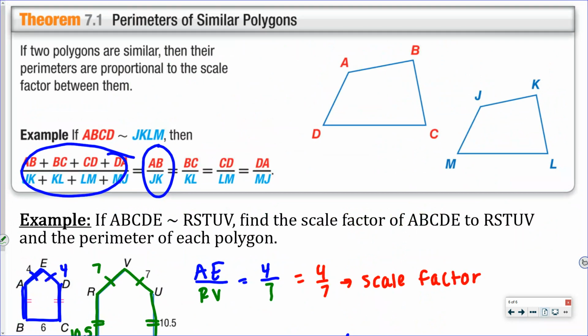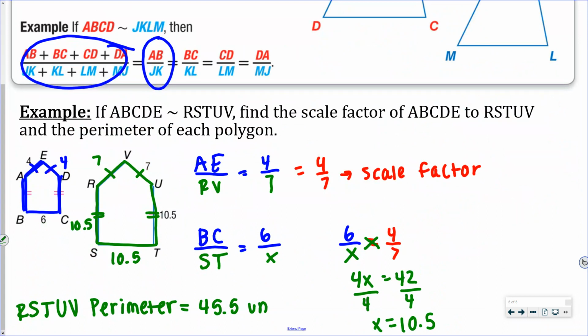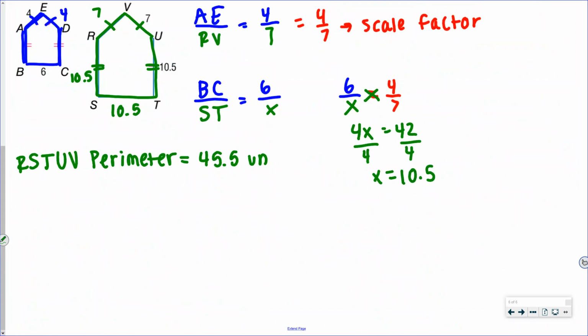So let's set up one last proportion. The blue perimeter, which I don't know, I'm going to call P. Again, I put blue on top since that's how I've been doing it with my scale factors. The perimeter to the green is also proportional to the scale factor, the 4/7. And you could solve it this way.